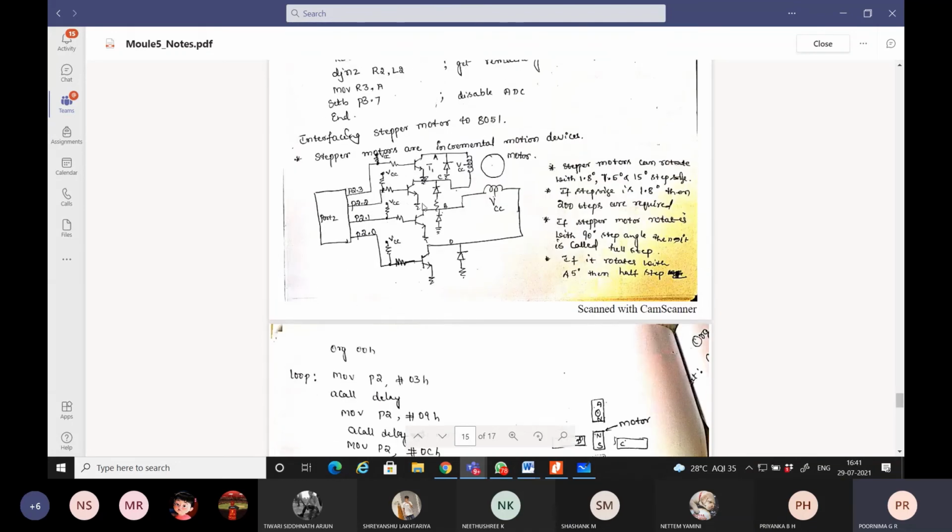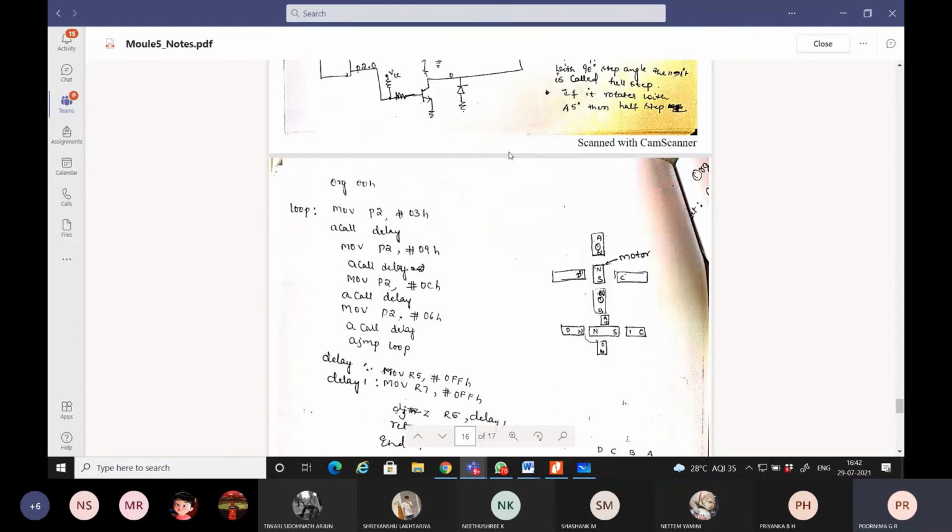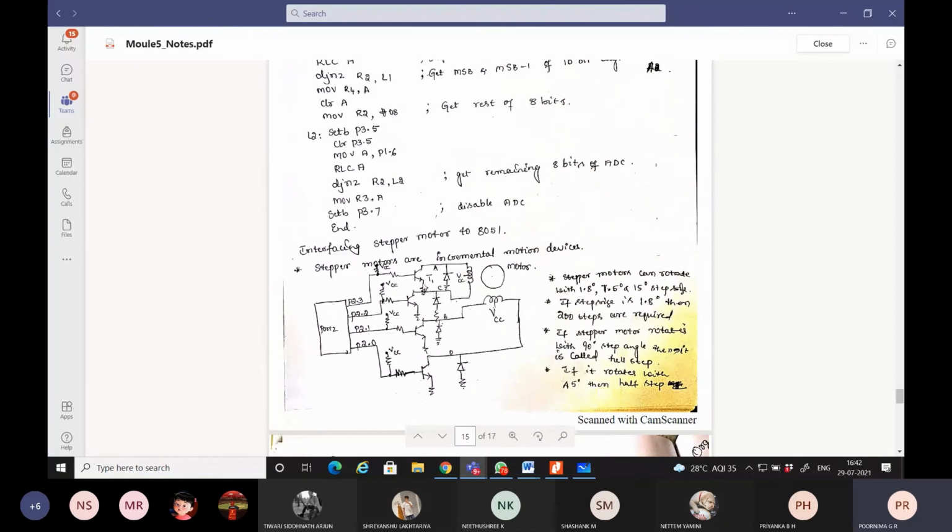Then how do we energize these coils in the stepper motor? That is what is described here. For all the 4 coils, we have connected 4 transistors, which in turn are connected through the port pins.